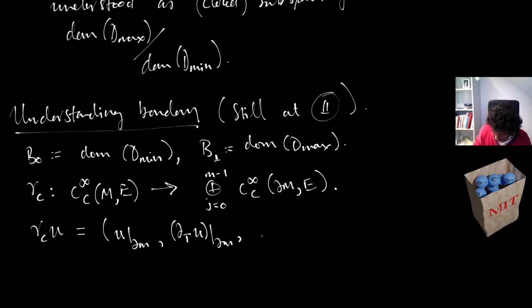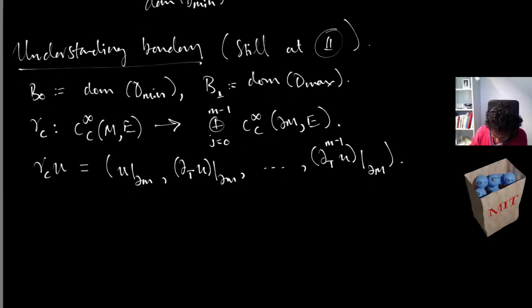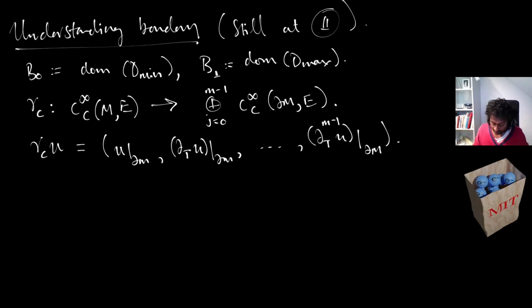Restricted to the boundary all the way up to m minus 1 restricted to the boundary. Okay, so these are the God-given maps now, okay?